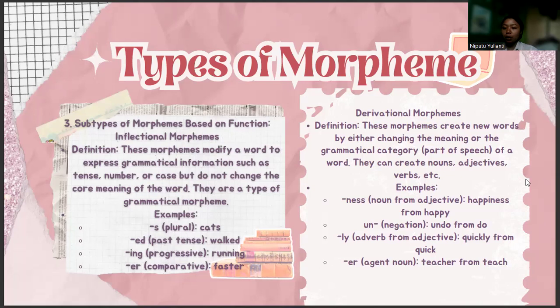They can create nouns, adjectives, and verbs. For example, the ending -ness, nouns from adjectives, happiness from happy; the beginning un-, negation, undo; the ending -ly, adverb from adjective, quickly from quick; and the ending -er, noun, teacher from teach.